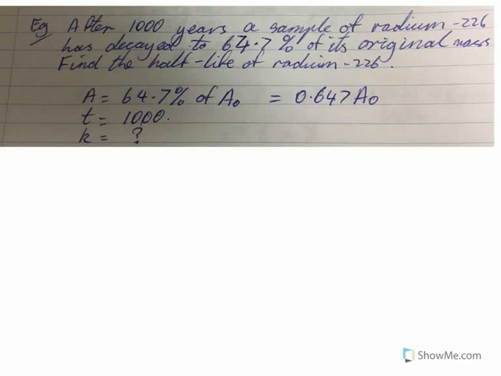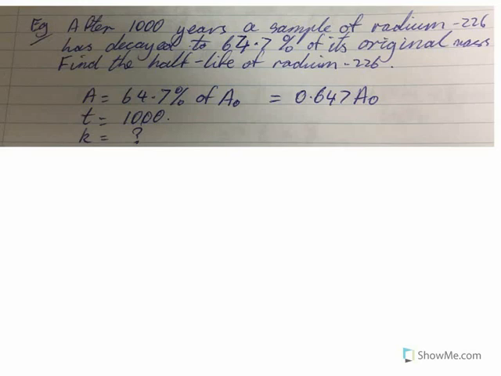Okay, here's our first question. It says, after 10,000 years, a sample of radium 226 has decayed to 64.7% of its original mass. Find the half-life of radium 226. So what are the important things that we know?